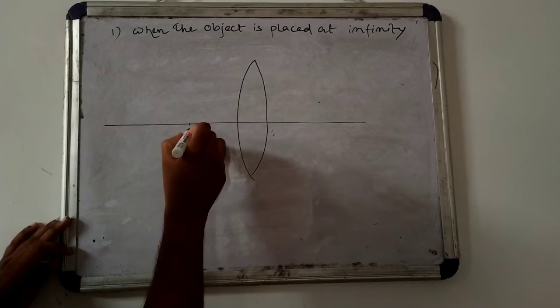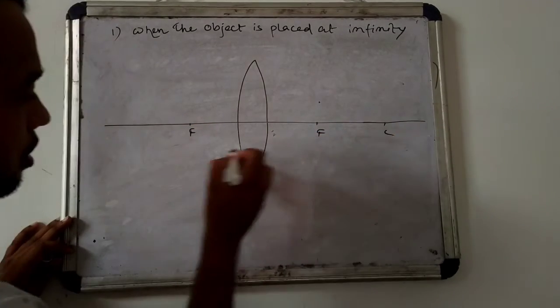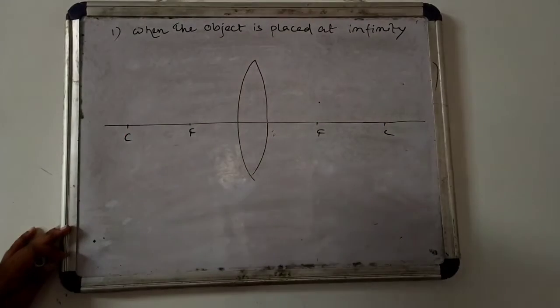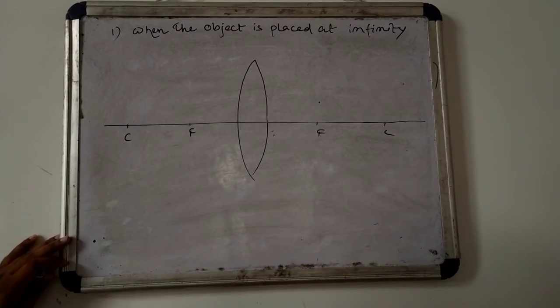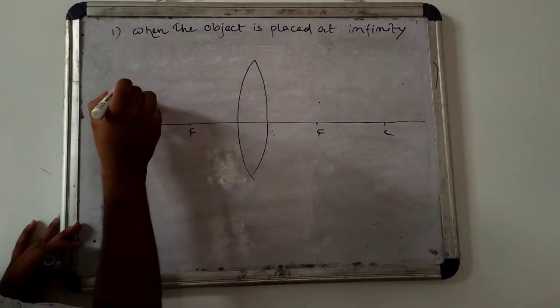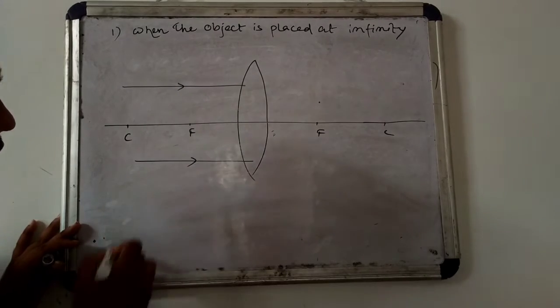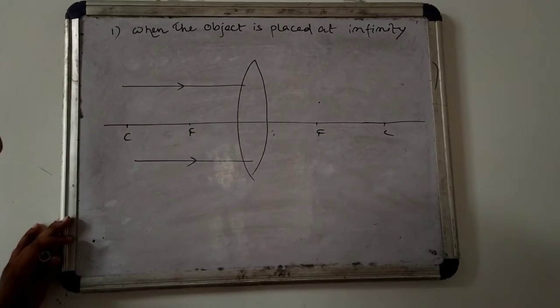So this is focus, center of curvature, center of curvature. Now if we place the object at infinity, all the rays which fall on the lens will be parallel to the principal axis.